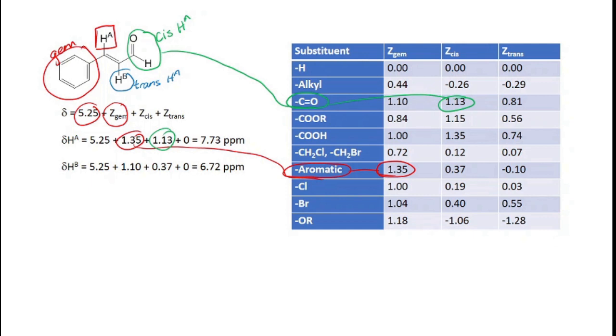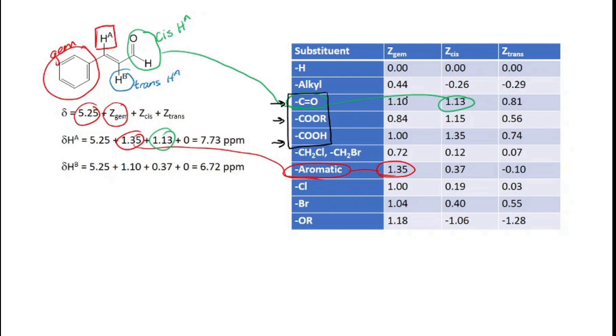One thing to note here is that we do have 3 different carbonyl containing compounds in this table. We have a carboxylic acid, we have an ester, and we have a simple carbonyl, which would apply to ketones and aldehydes. It is important to use the correct one.